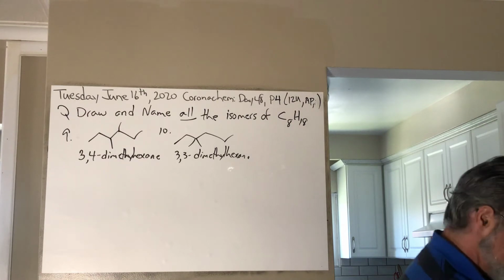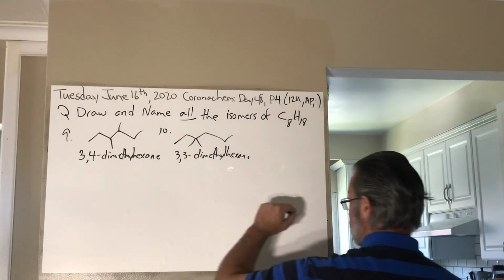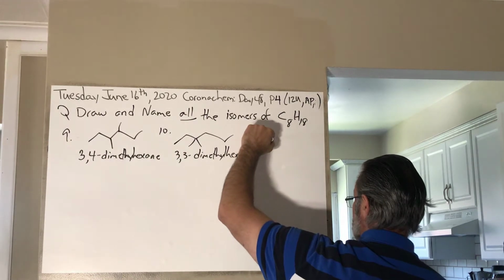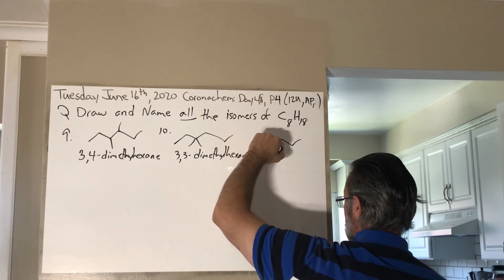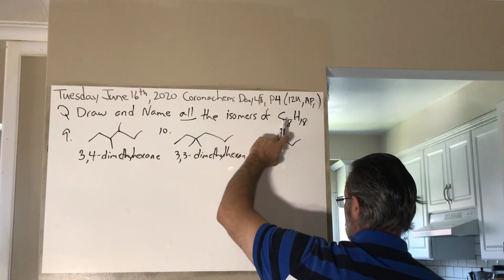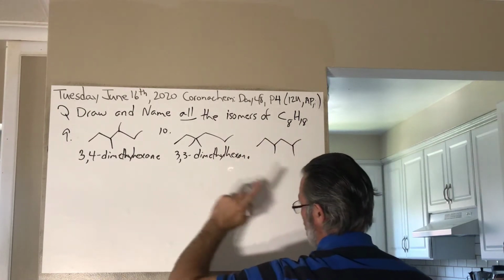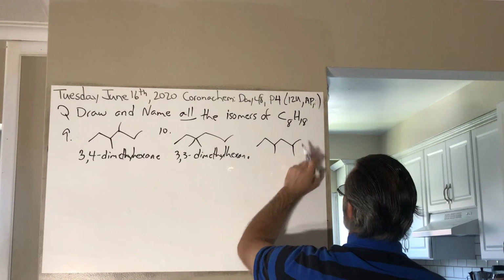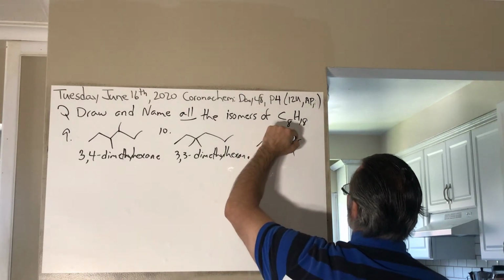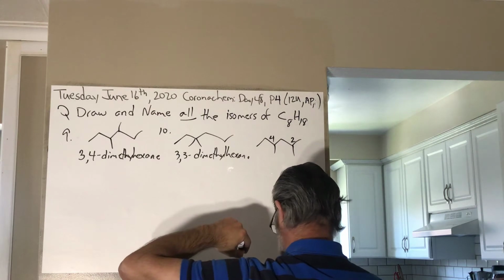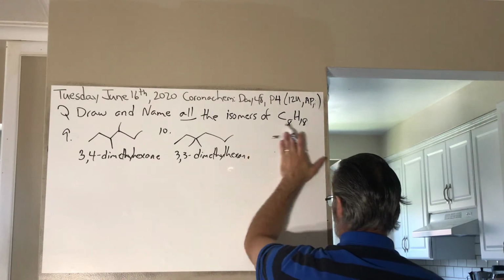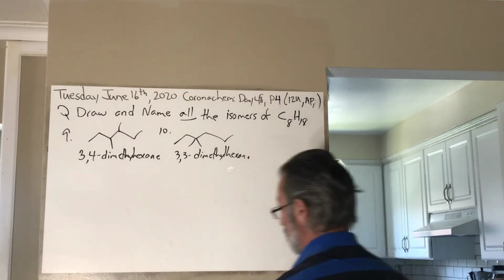Yeah, I've neglected one. It's 3,5. 1, 2, 3, 4, 5, 6. We have one at 3. So 1, 2, 3, 4, 5. Oh no, that's why. Okay, I get it now. Because this is actually 2,4, which I have already listed. So 3,5 is not a possibility. It would be a 2,4.